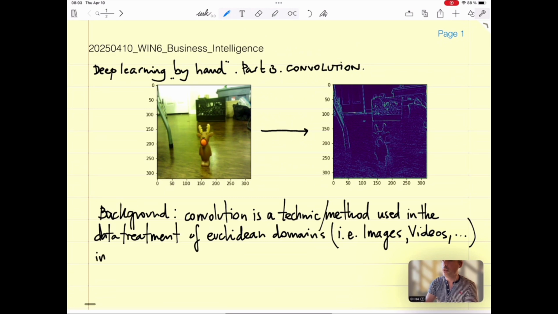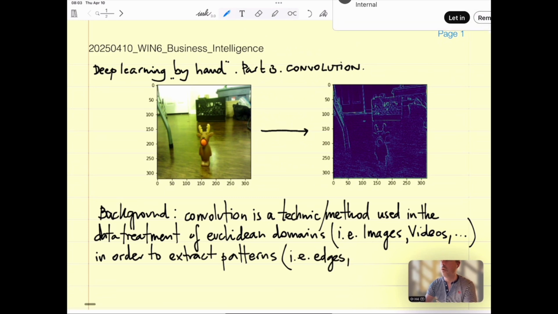In order to extract patterns like edges or colors or shapes from the dataset.